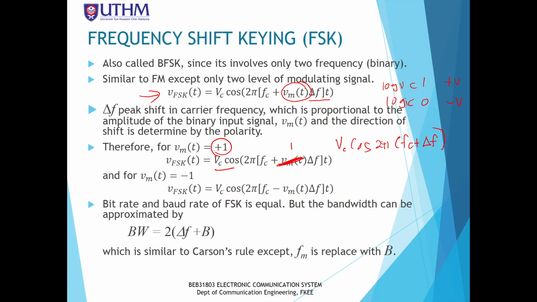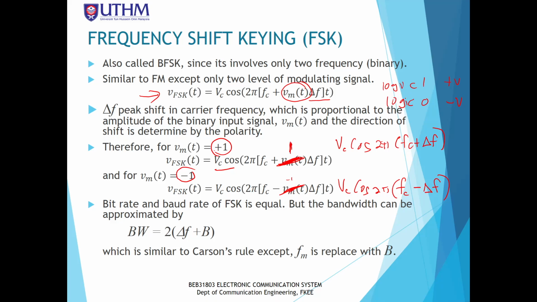So vm(t) has been substituted with positive 1. And if the input is logic 0, vm(t) is represented by negative 1, so you just put minus 1 here. So this is actually VC cos 2 pi fc minus delta f, because we already substituted vm(t) with positive 1 or negative 1. Kita telah gantikan nilai VMT dengan positif 1 ataupun negatif 1.